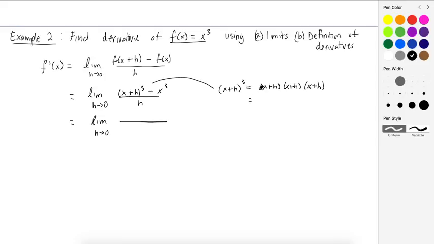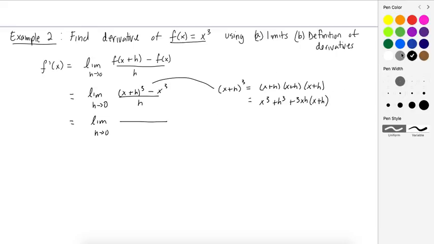I'm not going to go over the multiplication, but what you should be able to get is x to the third plus h to the third plus 3x times h times x plus h. So if you multiply this out, this is what you should get.